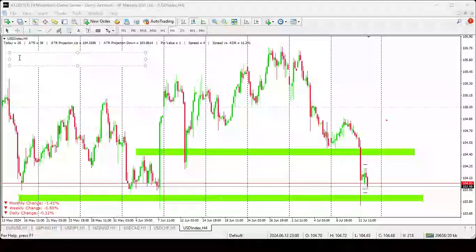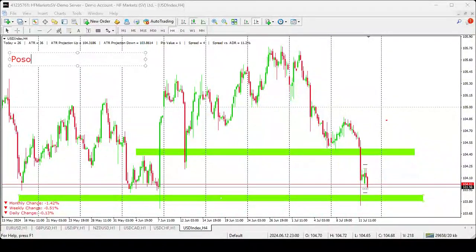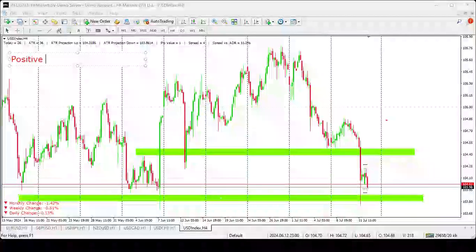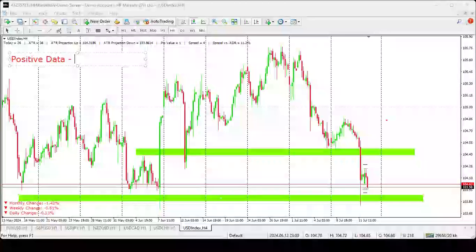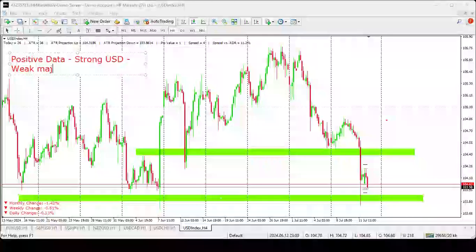Data is key, especially for dollar. It generates quite a lot of reactions in the market, but listen to this. Positive data, good influence on the dollar, naturally should give strong USD. And that means weak major currencies.